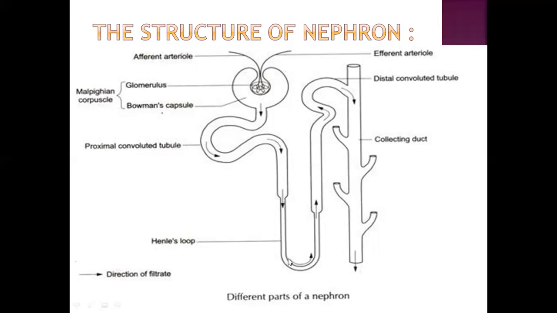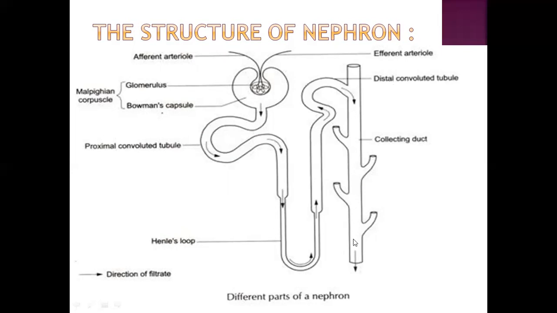This loop has two sections. One is downward, called the descending loop, and one is upward, called the ascending loop. After that, just like the proximal convoluted tubule, another section of tubule is present which is called the distal convoluted tubule. After the distal convoluted tubule, the whole nephron is connected to a thick major duct which is called the collecting duct.